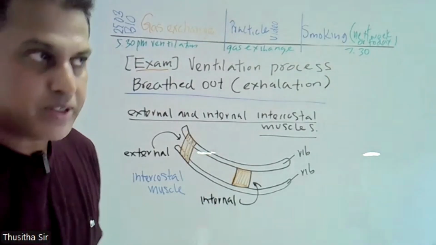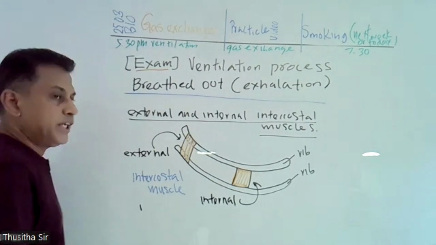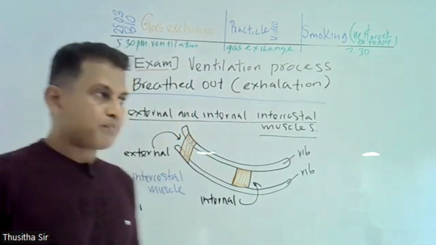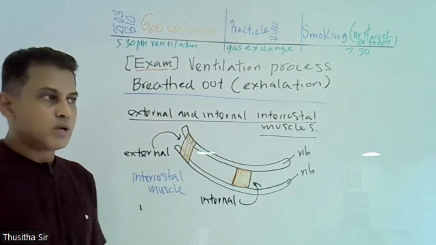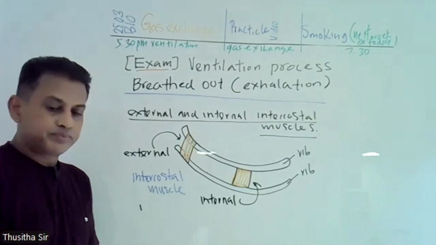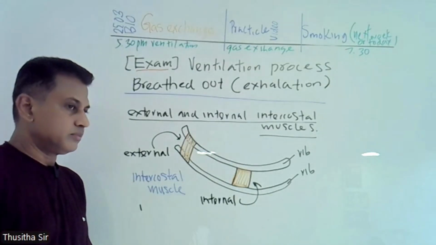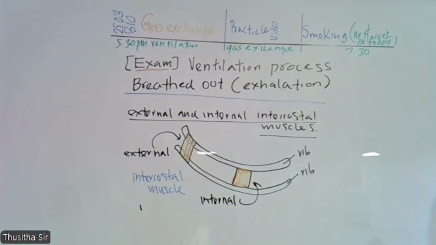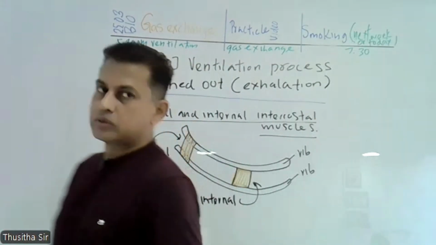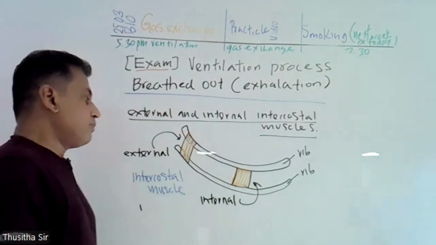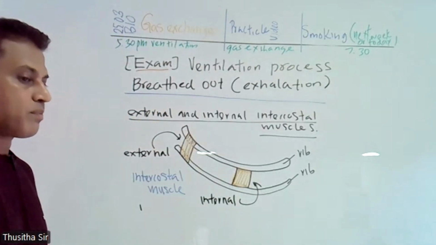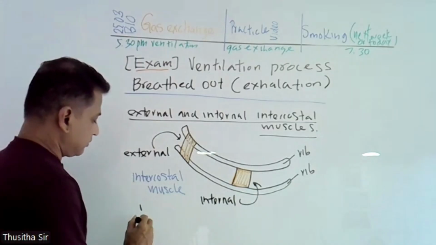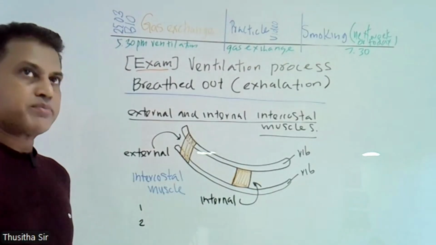You can write the first one: intercostal muscles are located between ribs.